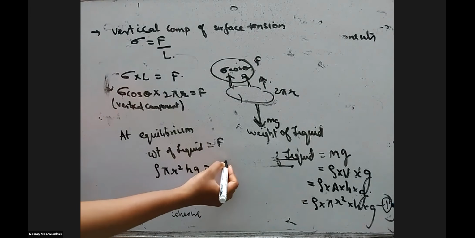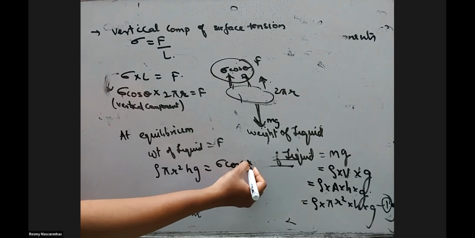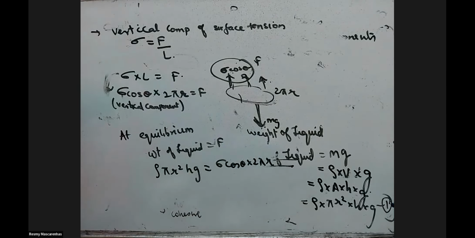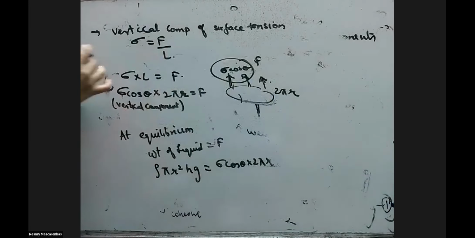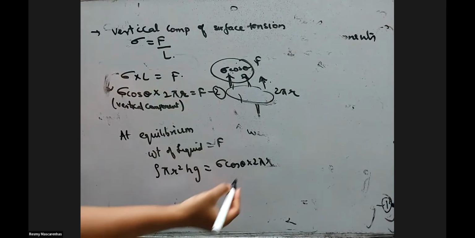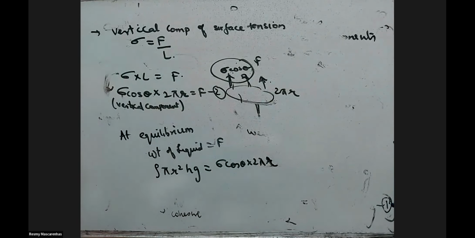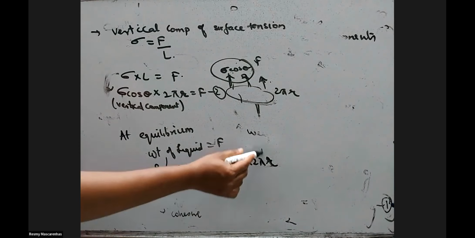So weight of the liquid is given as this, and the force is given as this. Equate both of them: equation 1 and equation 2. Now whatever is getting cancelled, you can cancel. Pi and pi will cancel.